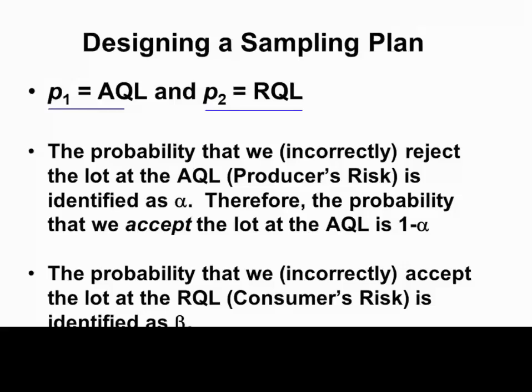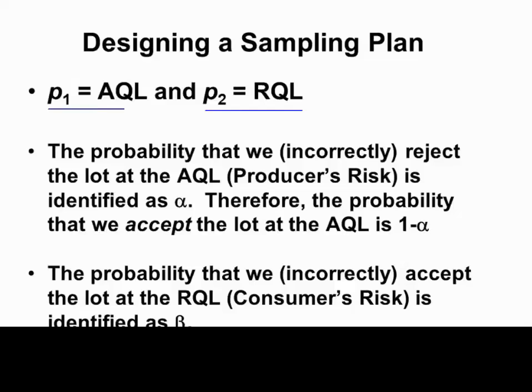So I want to write down two statements that reflect the probability of acceptance, number 1 at the AQL and number 2 at the RQL. At the AQL, what should we be doing? We should be accepting at that better level of quality. So the probability of acceptance is going to be something like, let's just say 95%.